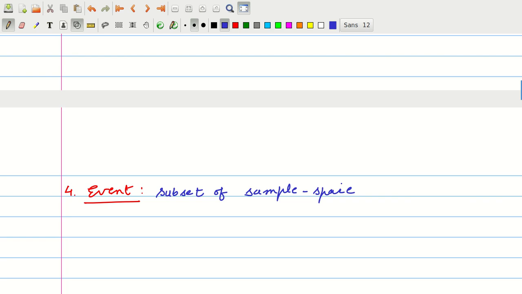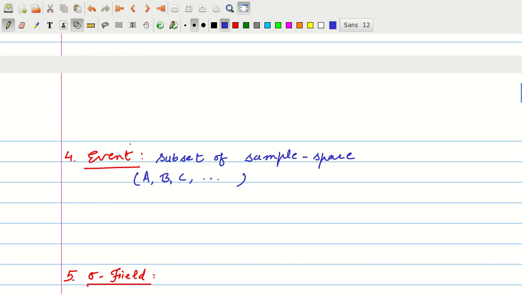But for our purposes, we will assume that all subsets of the sample space can be assigned probability and therefore they can be called events. So, we will use the terms event and subset of sample space interchangeably. Events are typically denoted by letters A, B, C, D and so on.